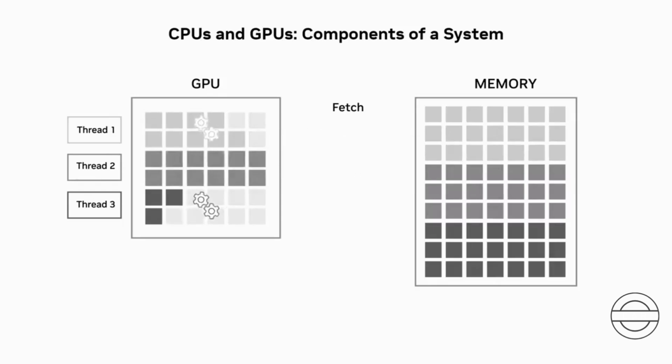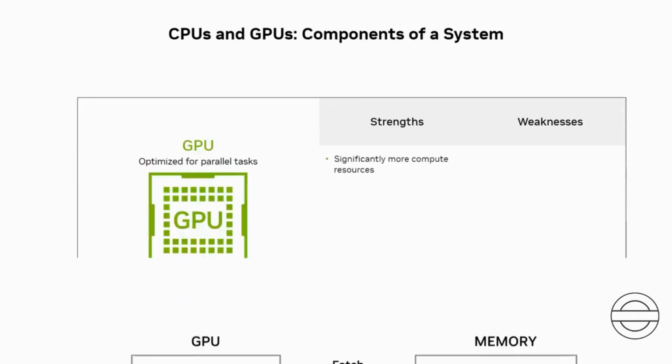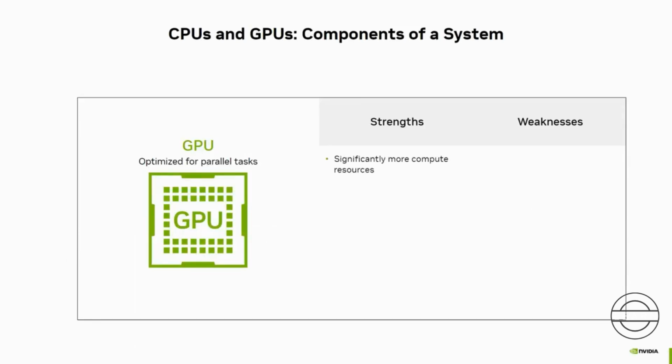Eventually, the original thread's data is ready and can continue execution. This switching between the threads hides the latency of the memory fetching and the issuing of instructions. Thus, the more work given to the GPU to perform, the easier it is for the scheduler to hide this latency. So what's needed is many overlapping concurrent threads.